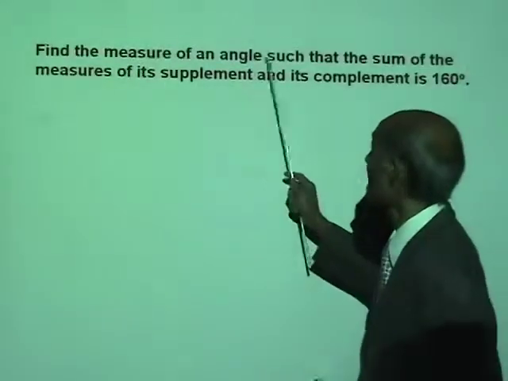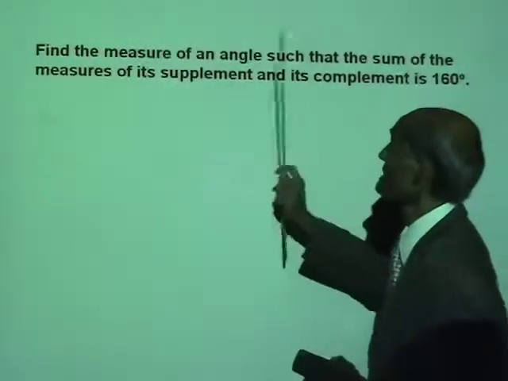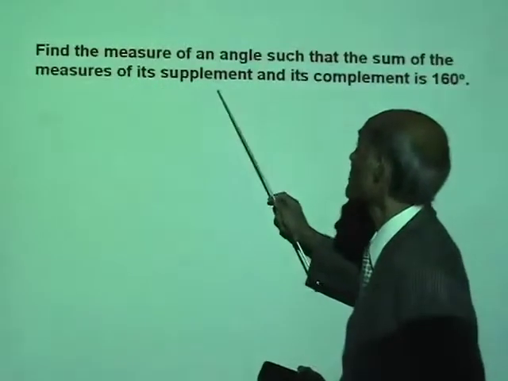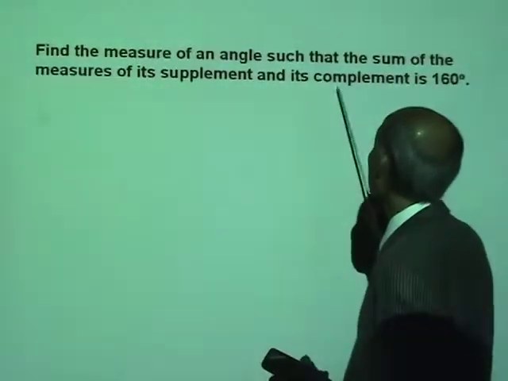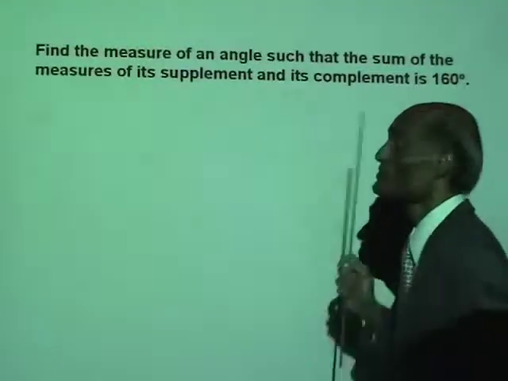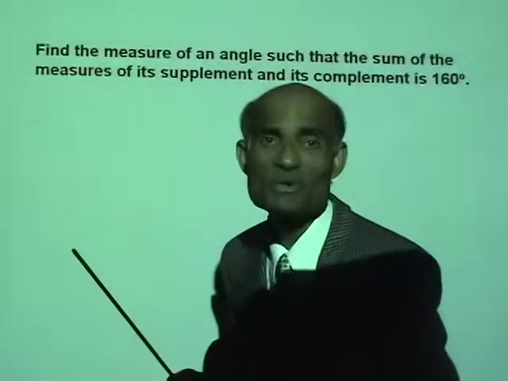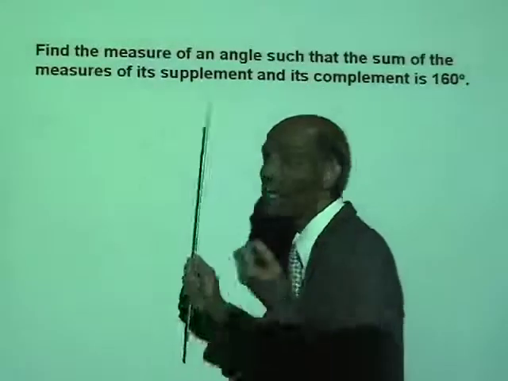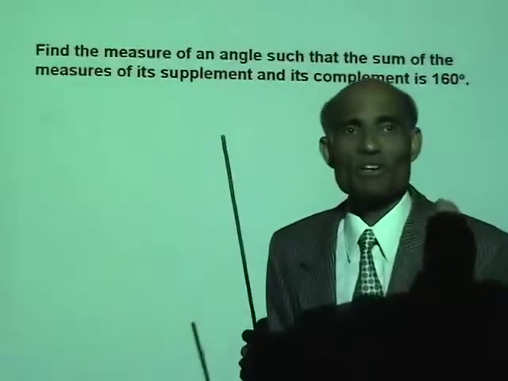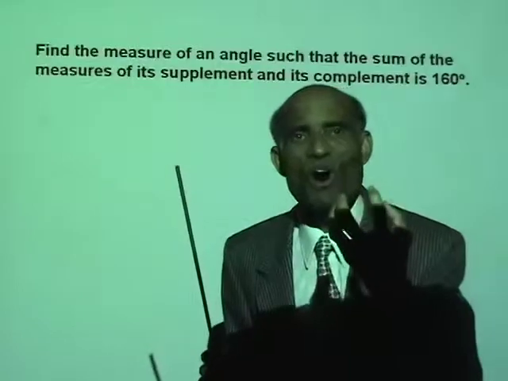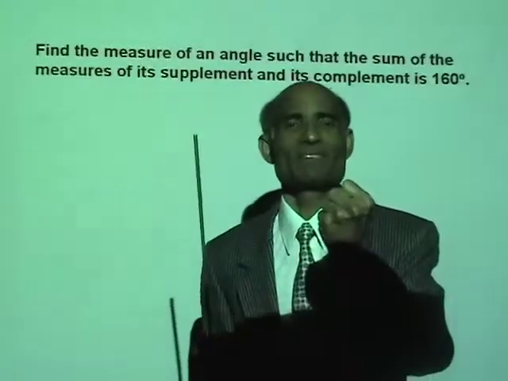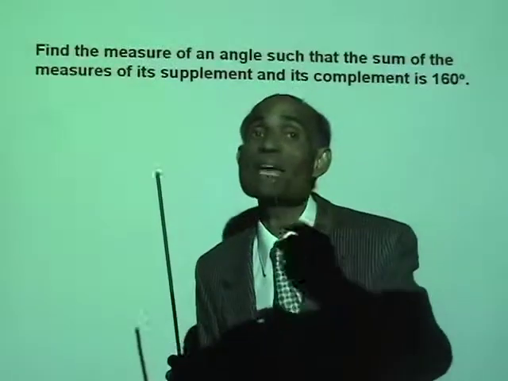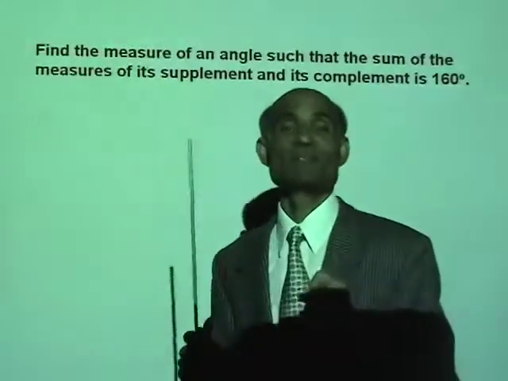Find the measure of the angle such that the sum of the measures of its supplement and its complement is 180 degrees. If we call the angle x, what is the measure of its supplement? The measure of the supplement will be 180 minus x.